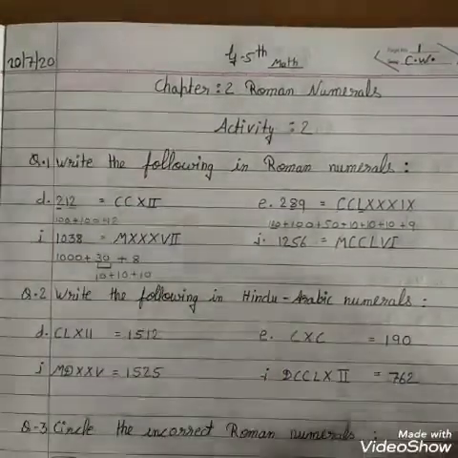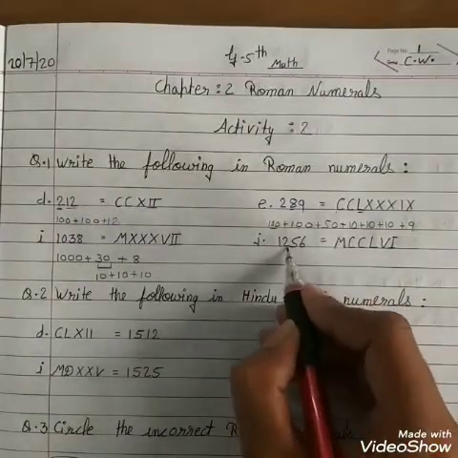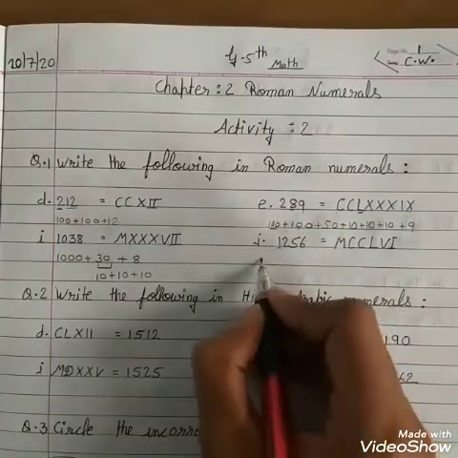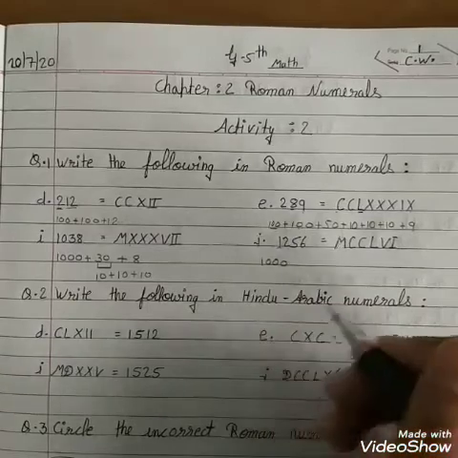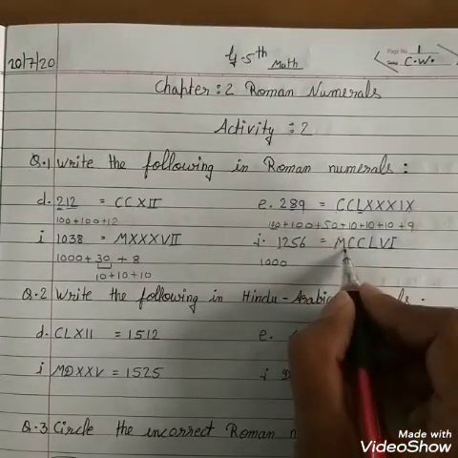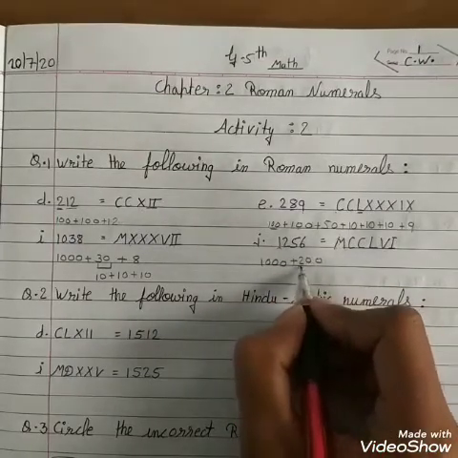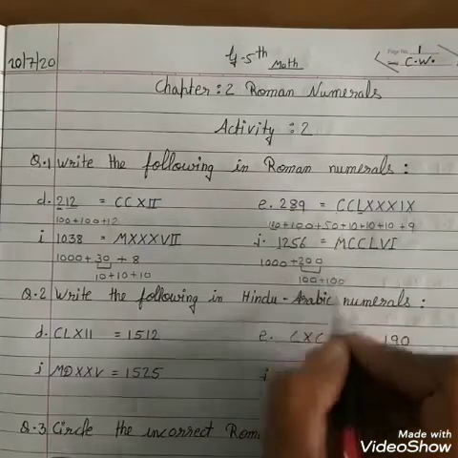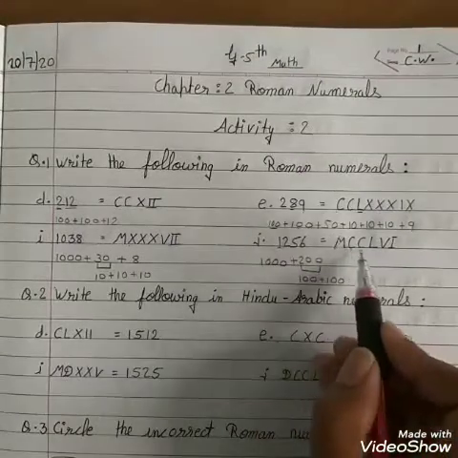Okay students. Now come to J. Question J. We have 1256. So first of all we will write 1000, and we write 1000 in Roman numerals as capital M. Next we have to write 200. So what will we do? We will write 100 plus 100, and we write capital C as 100.